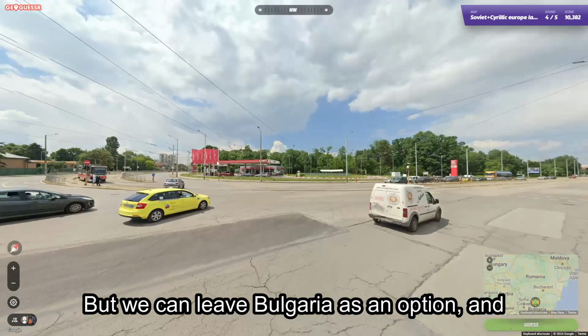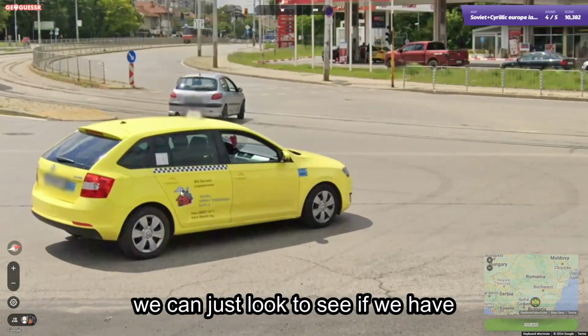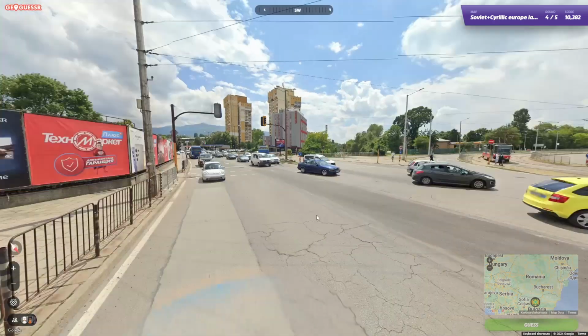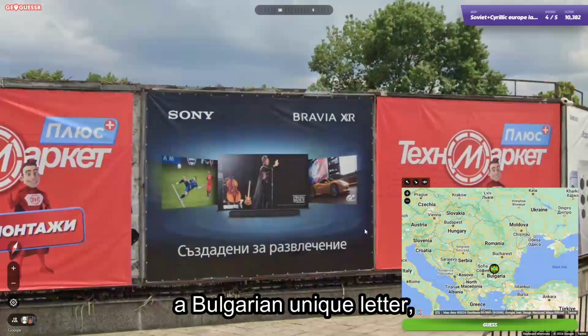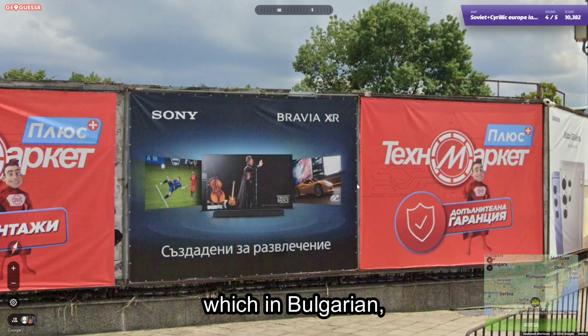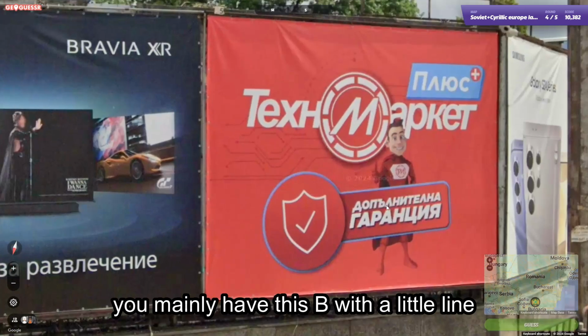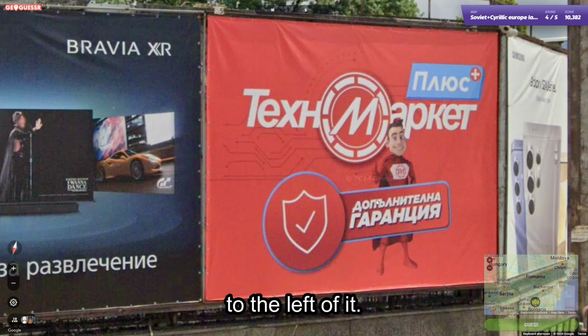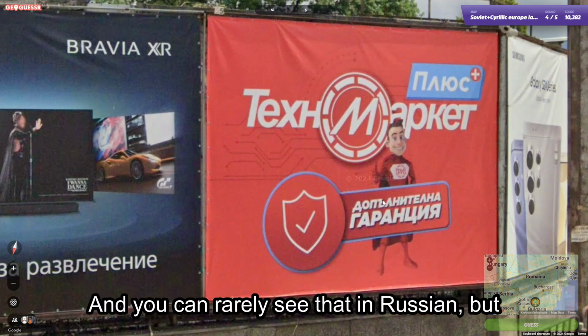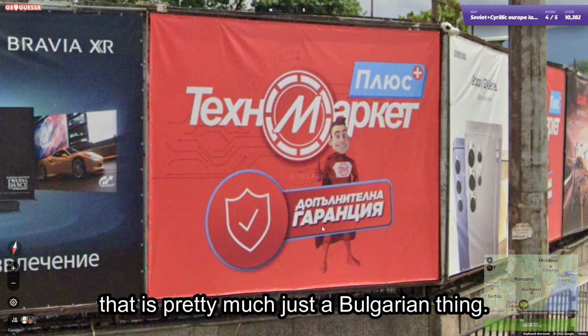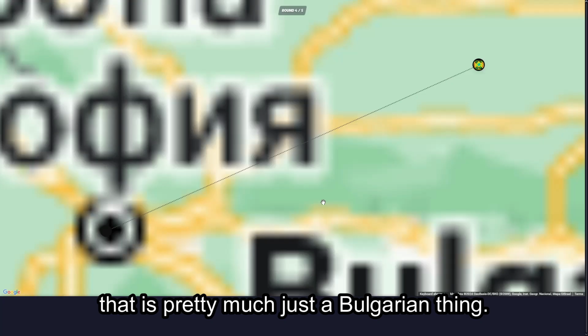But we can leave Bulgaria as an option, then we can just look to see if we have a Bulgarian unique letter. In Bulgarian, you mainly have this B with a little line to the left of it. You can rarely see that in Russian, but that is pretty much just a Bulgarian thing.